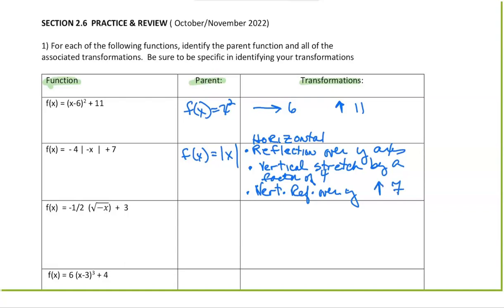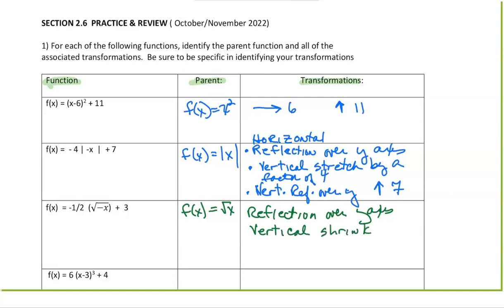Okay, so then we're going to continue and work on the next one. Well, first off, recognize what this is. The parent function that we're transforming is radical x. So looking inside, the first thing I'm going to do is a reflection or a flip or a fold over the y-axis because I have a negative next to the x. And then I'm going to do a shrink.